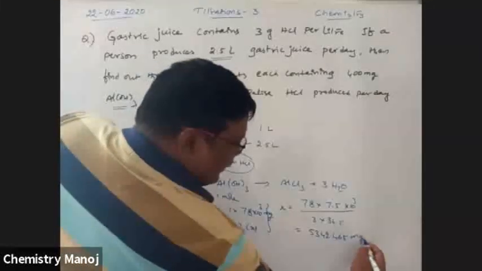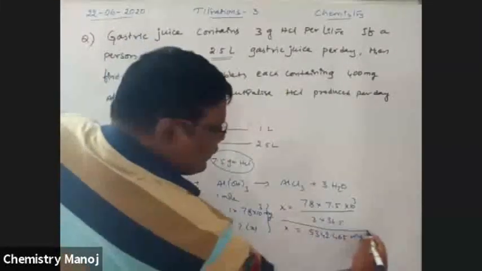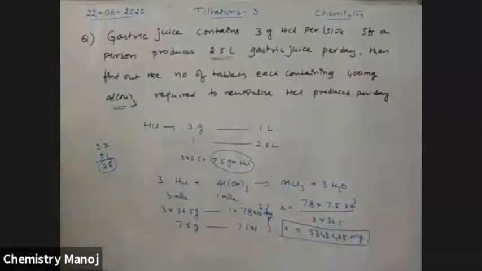We get the answer 5342.465 milligrams, and this much Al(OH)3 is required.